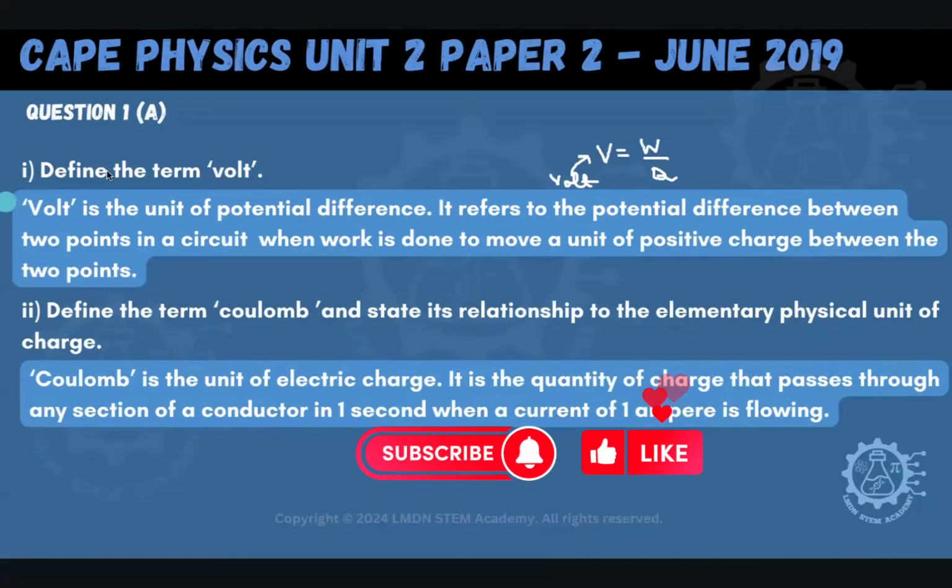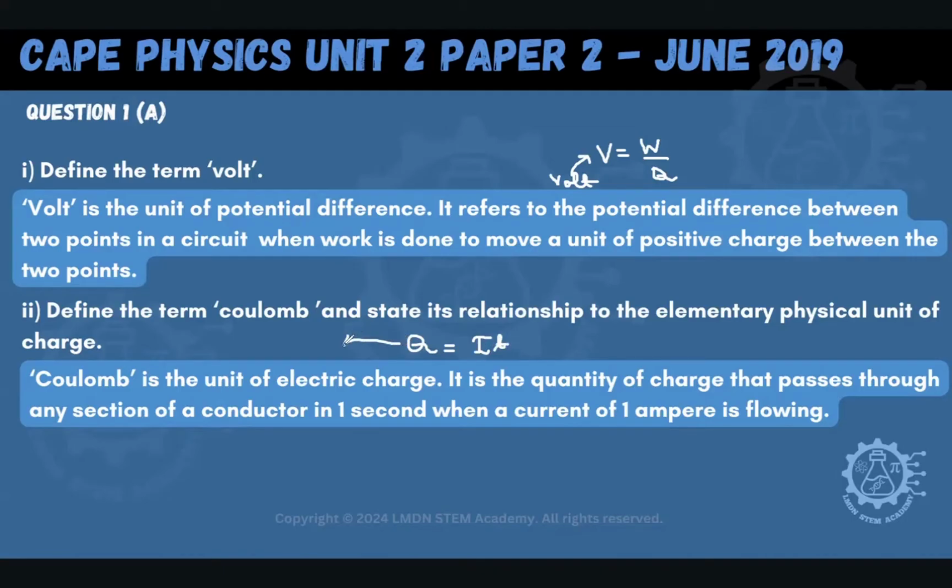It's a quantity of charge. And so mathematically, from a formula standpoint, we can represent the charge as Q is equal to I times T. And the unit of electric charge would be the Coulomb. Okay, so that's what the Coulomb is.